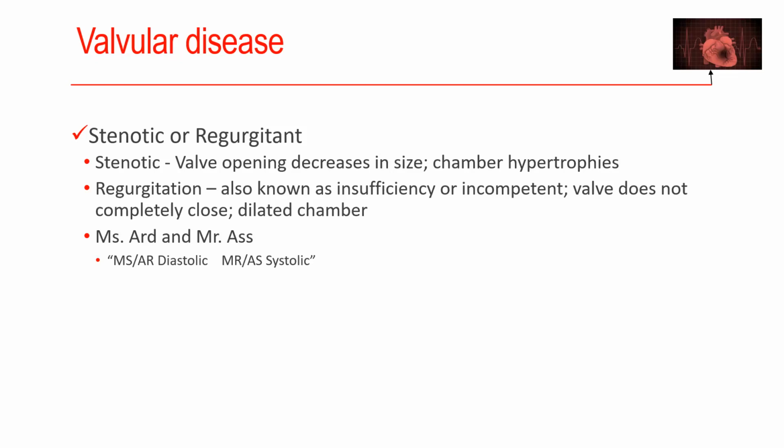If the murmur is a systolic murmur that is blowing or whooshing, that describes regurgitation. Regurgitation occurs with valves that are supposed to be closed, correct? So if it's systolic, what valves are supposed to be closed? AV, so either mitral or tricuspid.